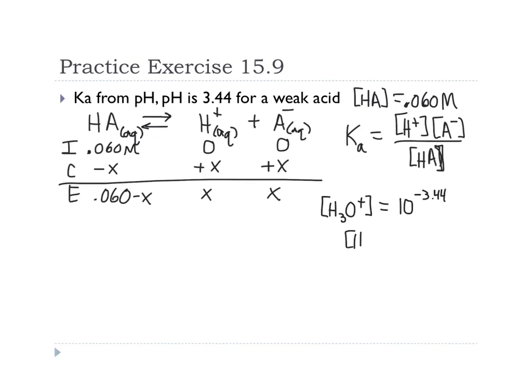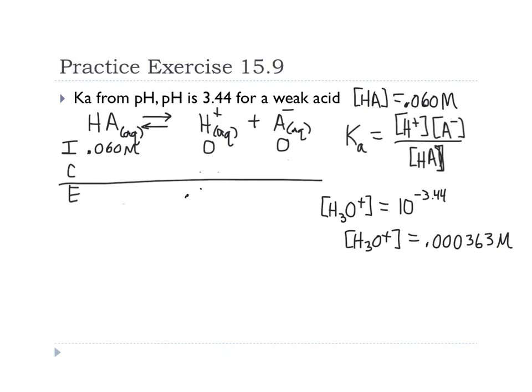So the hydronium concentration is 0.000363 molar. So we know that at equilibrium, which is what the system would have reached when you were measuring pH, the equilibrium concentration of hydronium is 0.000363. So this must be 0.000363.